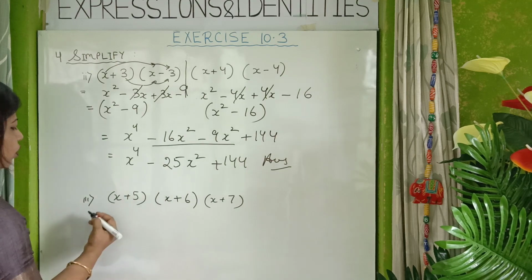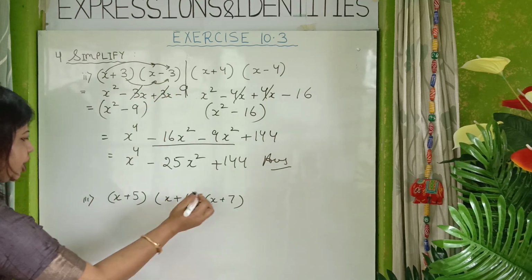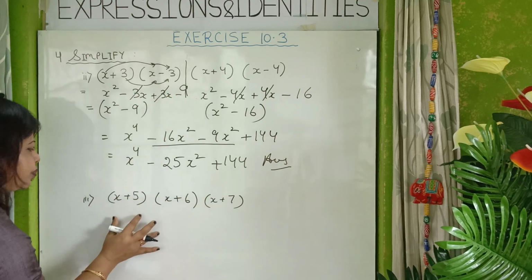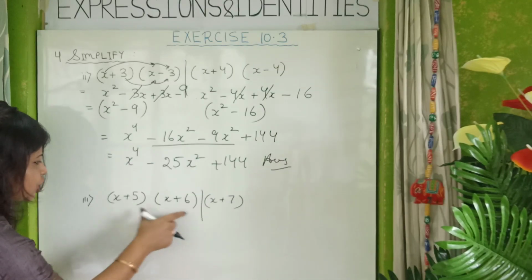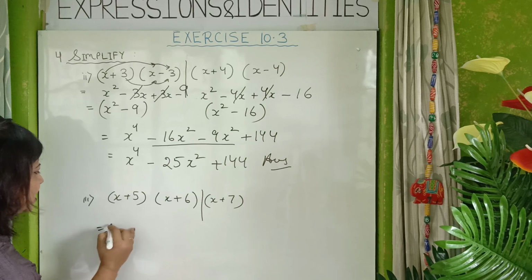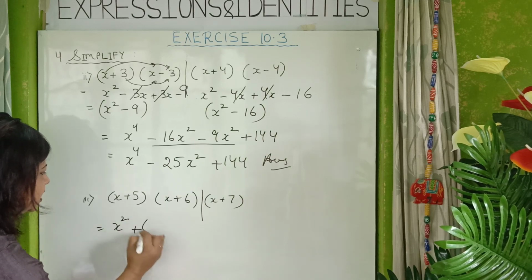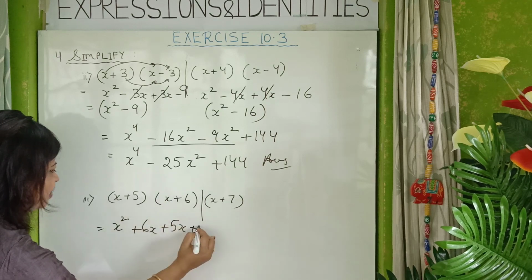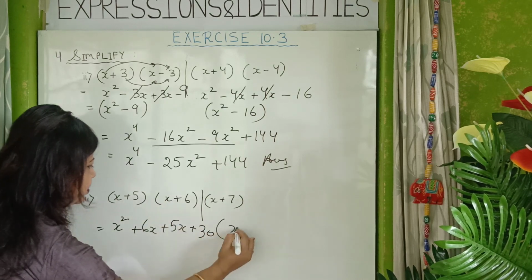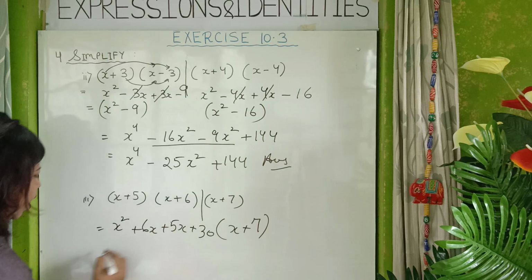Now students, question number 3, the third expression here. Here you can see (x plus 5) into (x plus 6) into (x plus 7). What we do? First let us solve these 2. So what we get? That is equal to x square plus 6x plus 5x plus 5 6s are 30. And this remains x plus 7. Now what we have to do?